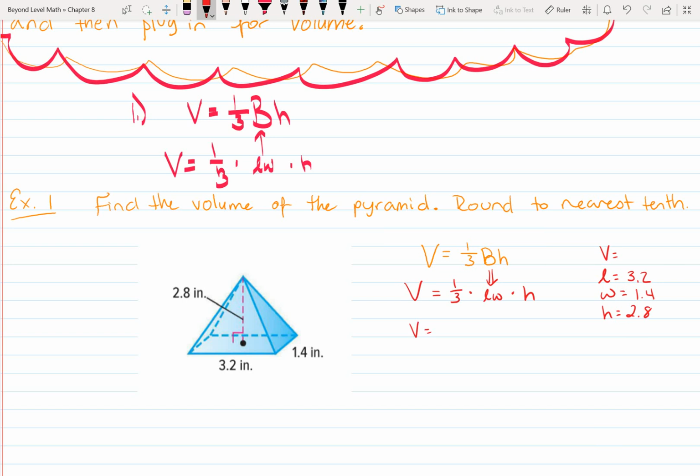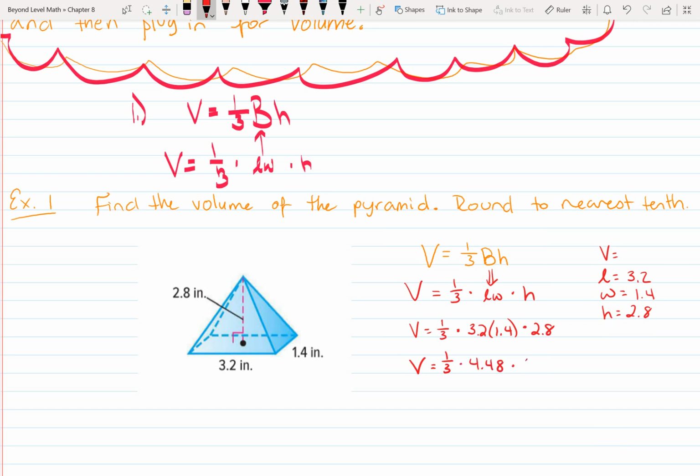So I don't know V, so I'm going to keep V equals 1/3 times, my length is 3.2, my width is 1.4, times my height, 2.8. Alright, V equals 1/3. Let's do 3.2 times 1.4 first. We will get 4.48.